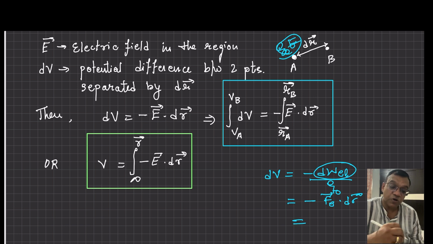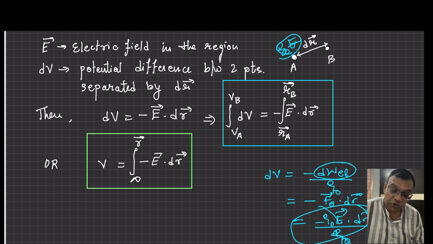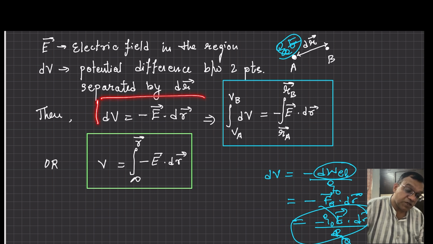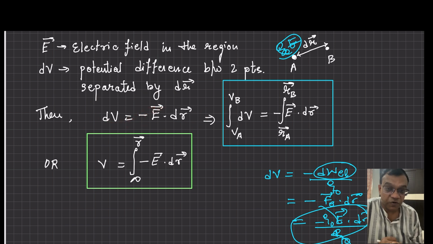The force is Q naught E, into dr, divided by Q naught. Q naught cancels. So what is the expression we have? dV equal to minus E dot dr. This is the expression relating the potential and the electric field.